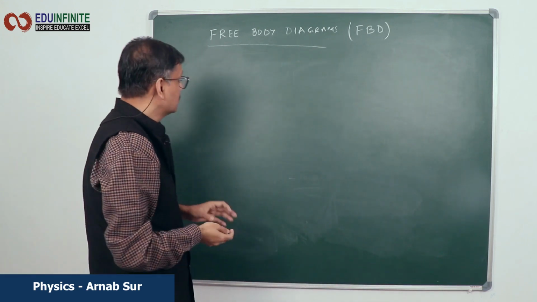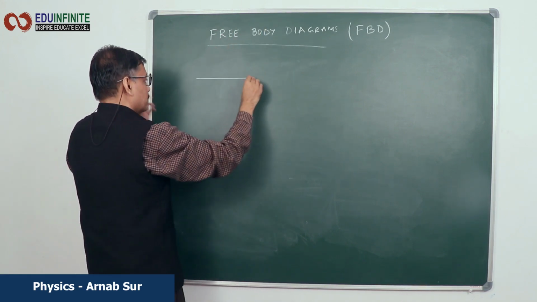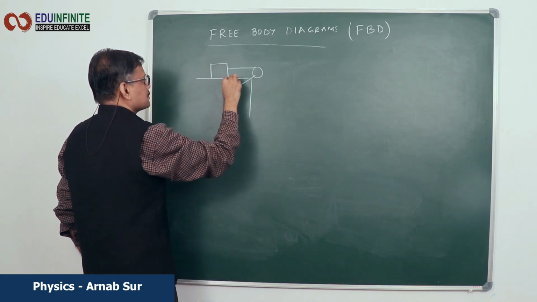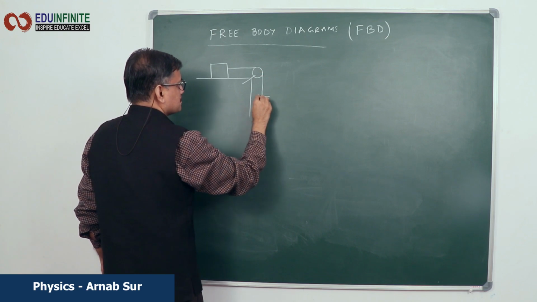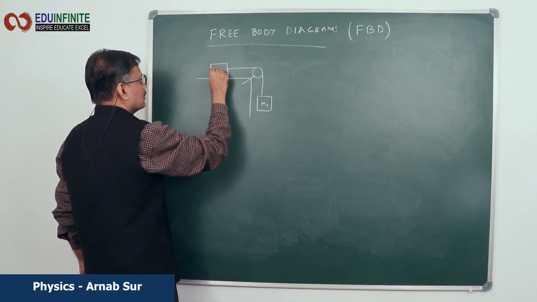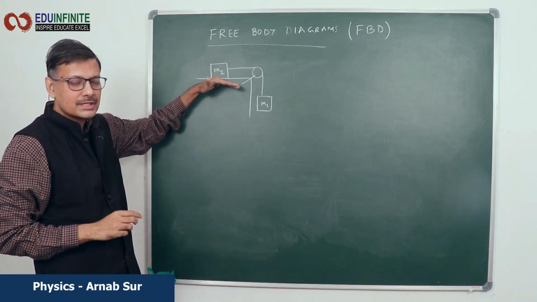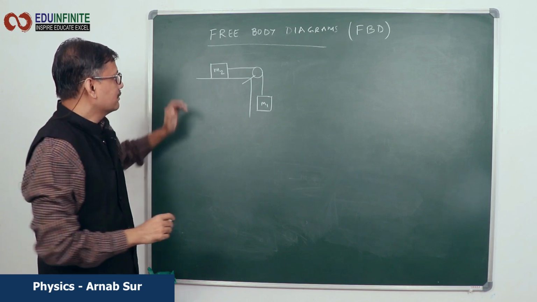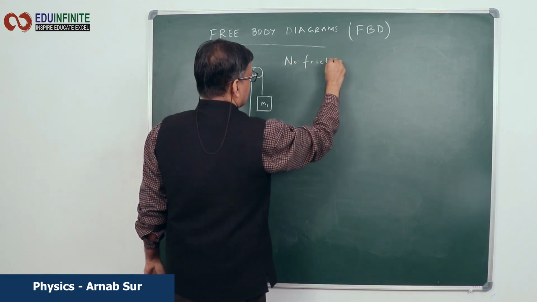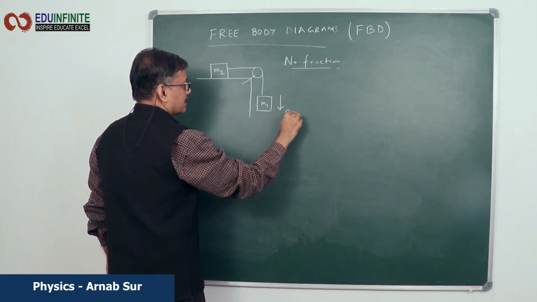The second case will be like this. Suppose this is M1, this is M2, and we are assuming that there is no friction between this block M2 and the table. So we are neglecting friction for the time, and the acceleration will be like this.